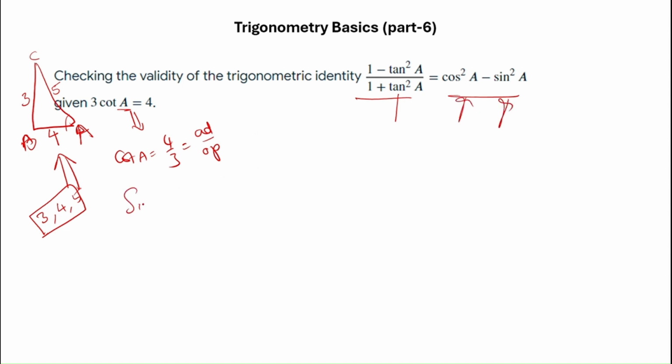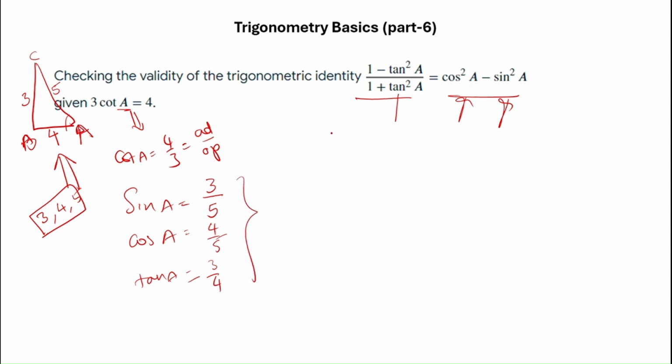So I will write sin A. Sin A is equal to opposite side 3 by hypotenuse 5. Cos A is nothing but adjacent side 4 by 5, and tan A is nothing but 1 by cot, so directly I can write 3 by 4.